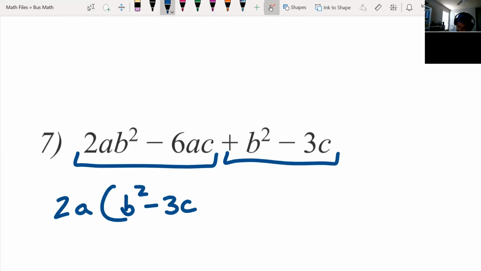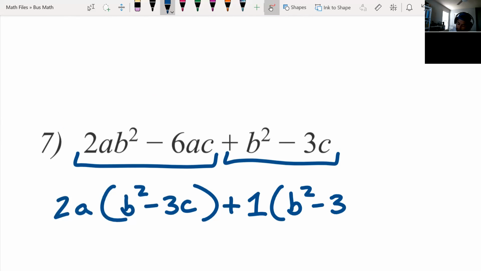Very good. And look, we come up to another situation here. b squared minus 3c. Are there any common factors there? None. Well, one. So if you see no common factors, then you can always take out that 1.